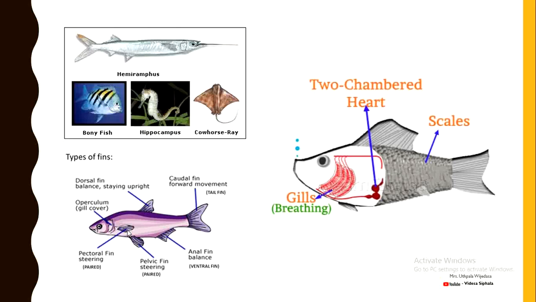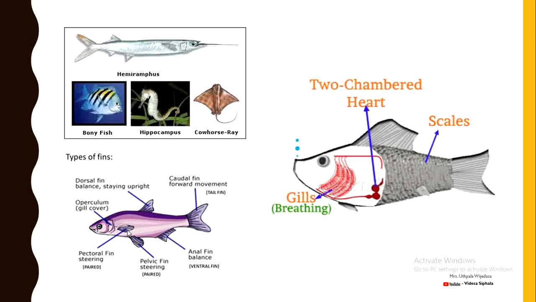They have eyes without eyelids, and they perform external fertilization. That means they lay eggs in water and they are fertilized externally. So here you can see the first group or class Pisces, all are aquatic organisms, either marine, freshwater or brackish water.